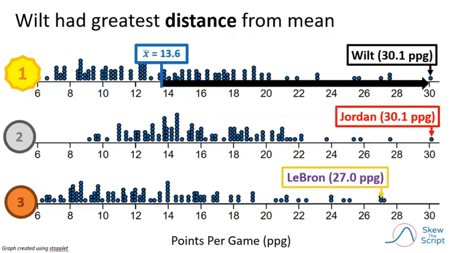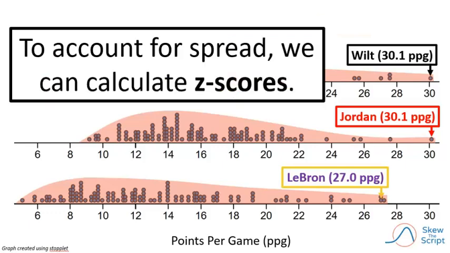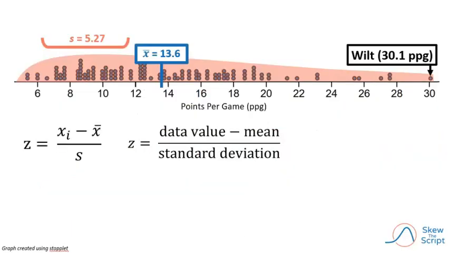Let's go back to our star basketball players and start with Wilt. So we're looking at Wilt, and we're now taking into account standard deviation, not just points per game. We're going to see if he still comes out on top. We're going to calculate their z-scores.